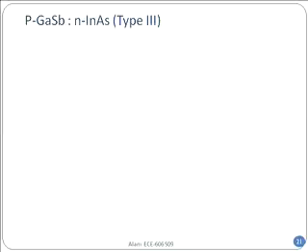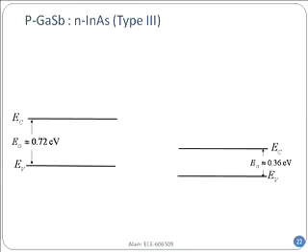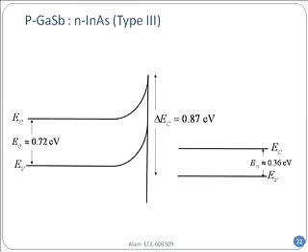Now, there is a type 3 also, and type 3 is really bizarre. Let's look at it. This time you can have a band gap like this, strange. So, let's say I have this gallium antimonide and indium arsenide. I'm drawing the same band diagram, and you'll have to put it in the same continuity of the valence band, vacuum level.